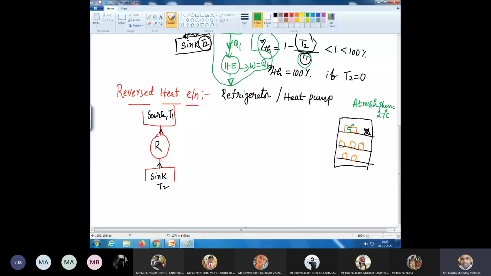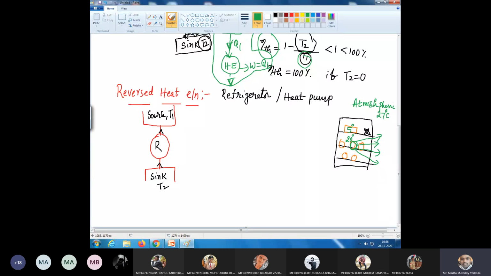What will the refrigerator do? When the temperature inside the fridge is, let us say, 20 degrees, which is less than 27 degrees centigrade, it always extracts heat from the body under lower temperature and rejects heat to the body under high temperature. That is the main purpose of the refrigerator.